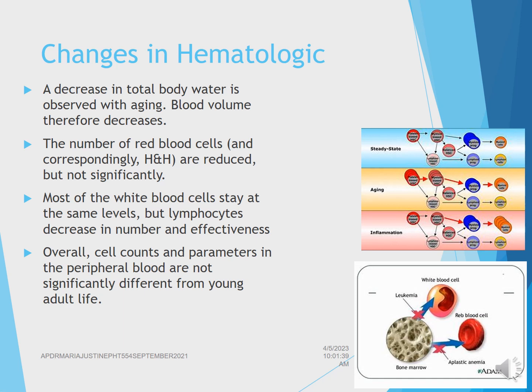Most of the white blood cells stay at the same levels, but lymphocytes decrease in number and effectiveness. That's why we always relate aging normally as accompanied with reduced immunity, because it's partly the function of the white blood cells. So overall, cell counts and parameters in the peripheral blood are not significantly different from young adult life.